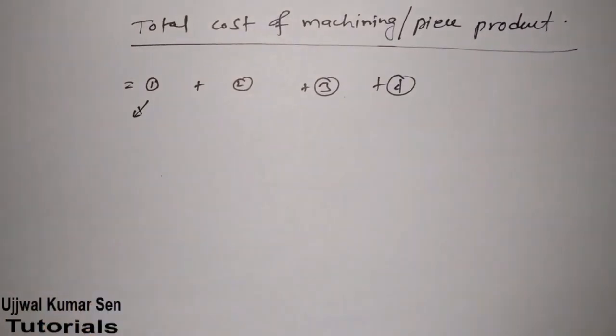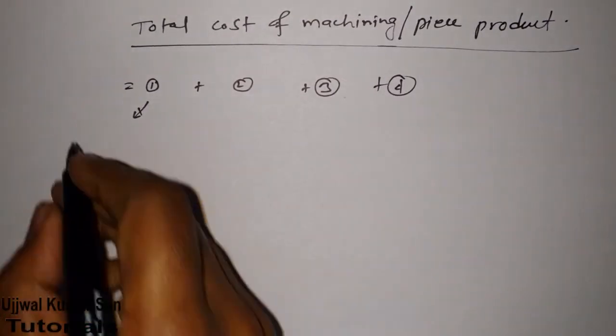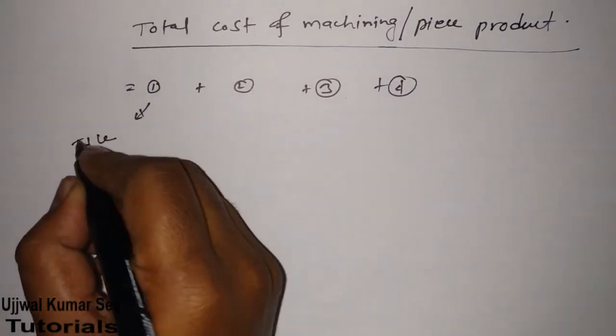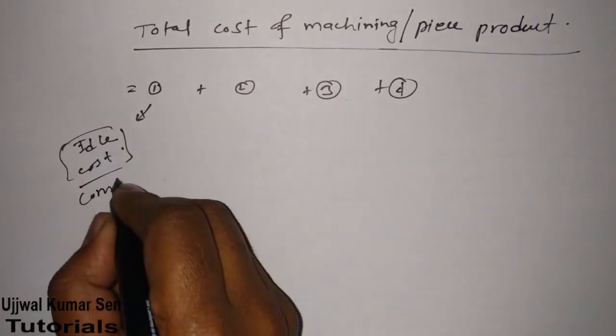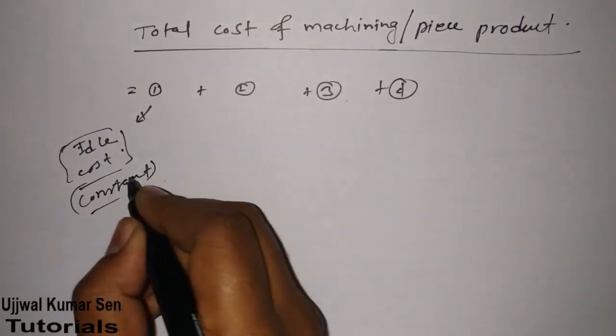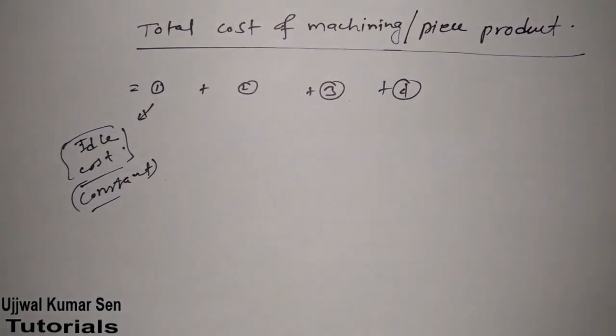The first one is not that important because it is known as idle cost, and most of the time it is given and it is constant. If you are solving numerical problems, then it is much easier. But if you are solving this problem in industry, then you have to find out how much time the machine is not working, and of course that is a cost.